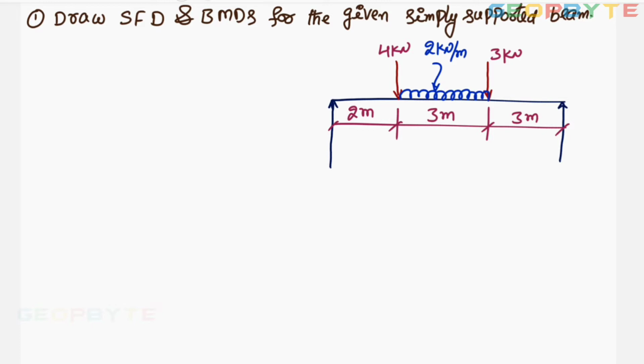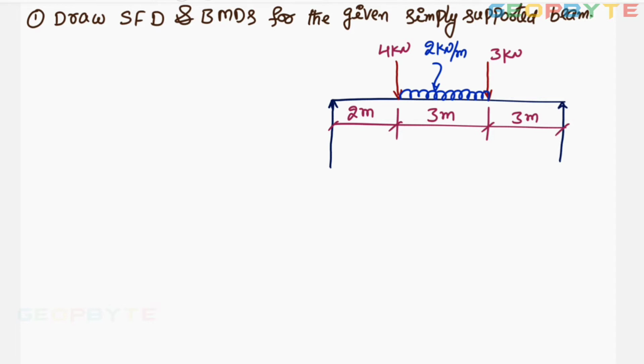But in this video, let us consider the effect of UDL on shear force diagram and bending moment diagrams with the simply supported beam. Look at the simply supported beam.